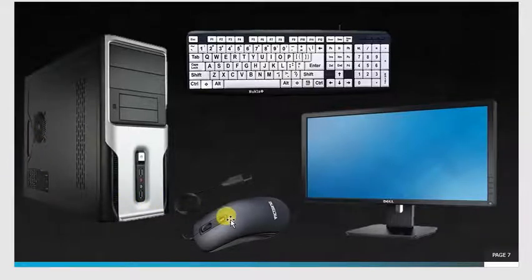But the mouse and the keyboard can also be connected at the ports we have in front of the system unit. So we can connect all these components, the mouse, the monitor, and the keyboard, to the system unit before we turn the computer on.